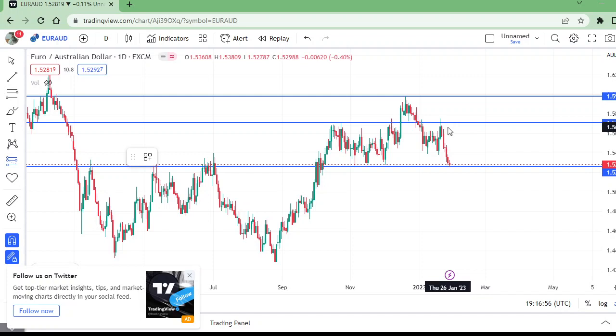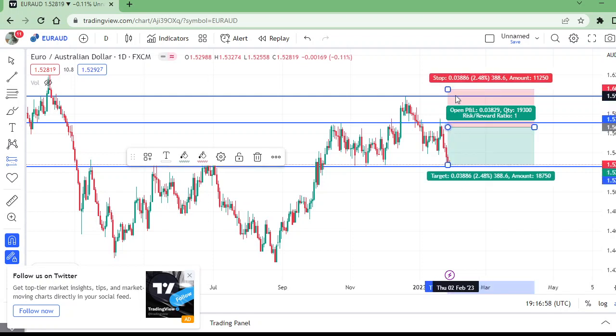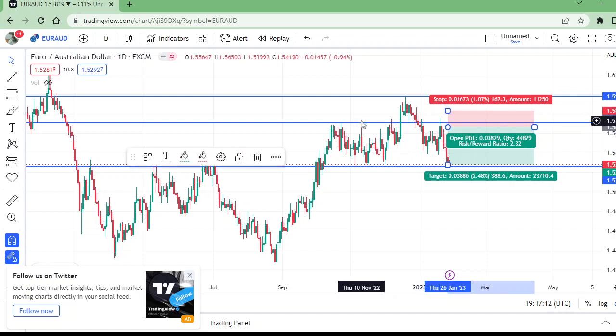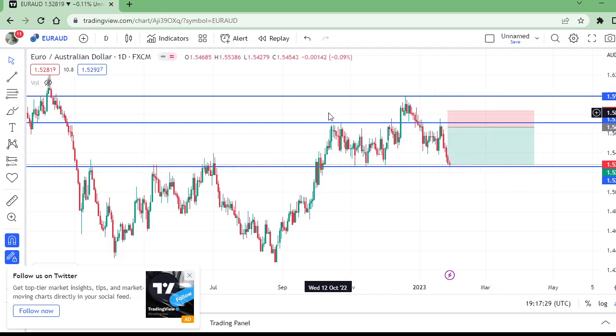I expect this, and for the stop loss, I don't think we have to set it too deep, but it is enough above this wick also, because if this is broken, then this condition of the setup will be cancelled.